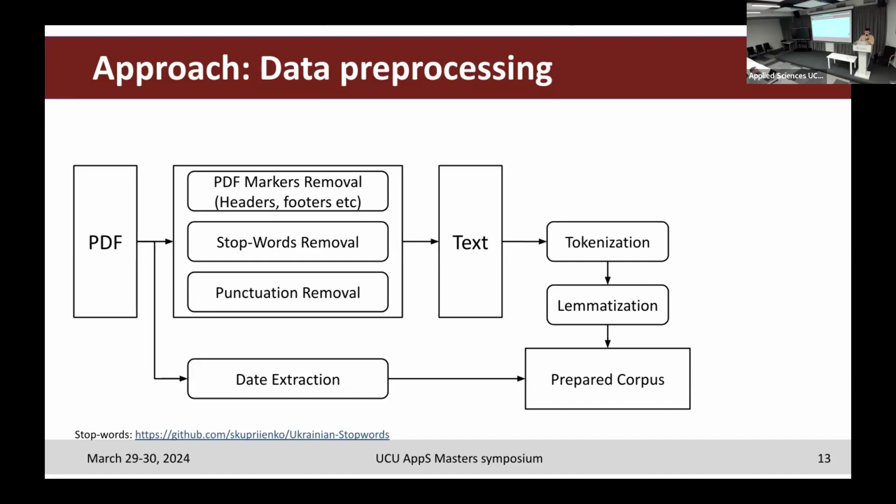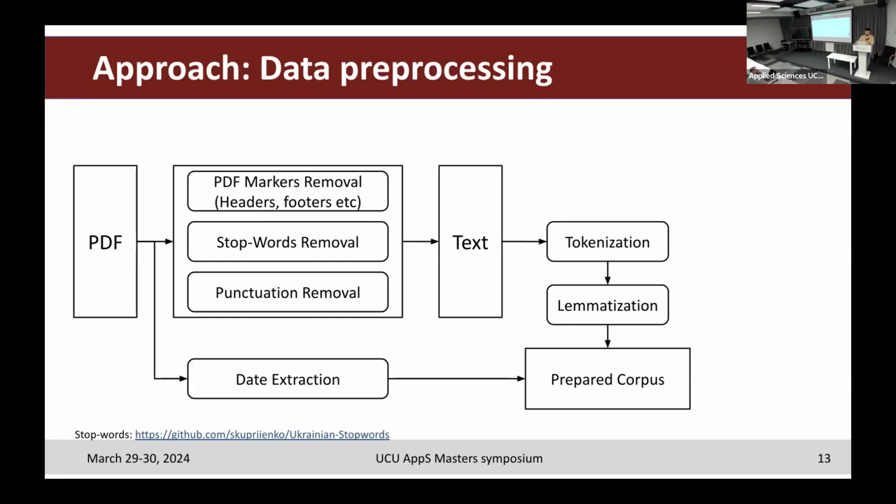Then we clean this data, removing headers, footers, and a lot of spaces which make noise in the data. Also, we are removing stop words. In Ukrainian, it is a list of Ukrainian words which was taken from Korniienko's work. Also, we extended this list of stop words.